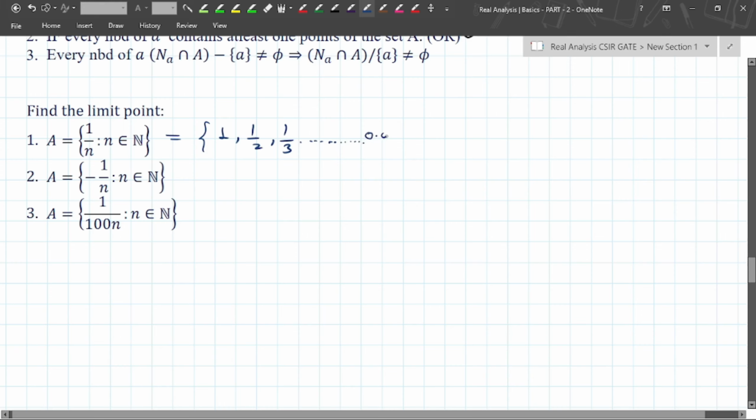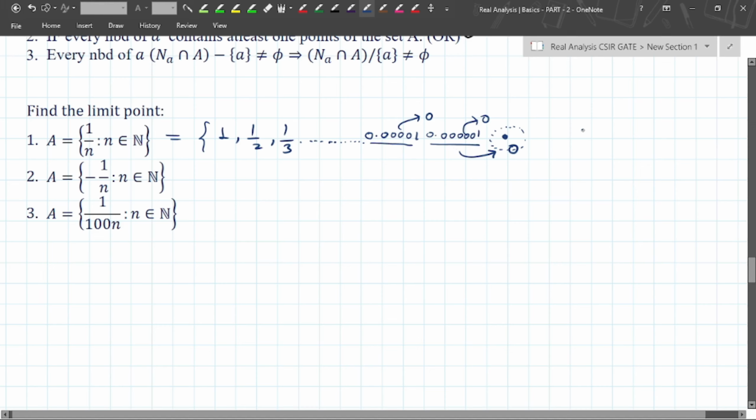They will include 0.00001, so these points will be here. It means that nearby 0, this set will never achieve 0, but it is tending to 0. Nearby 0, there is a cluster. This is approximately 0, it is also 0, so these are equal at that point. So nearby 0, there is a cluster.